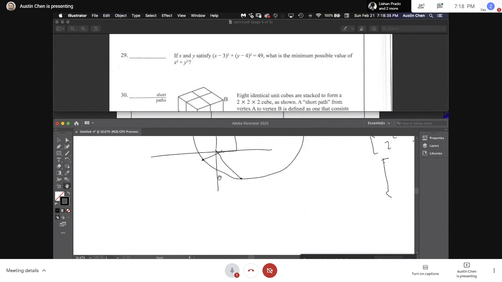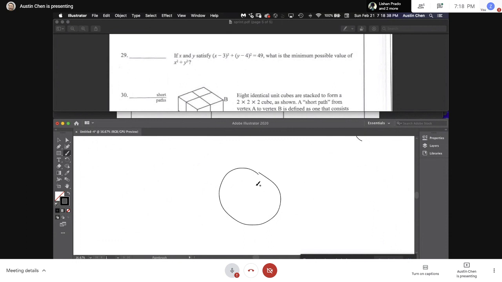Now, if you think of a point inside a circle, maybe I'll put it like here, any point inside a circle, and the center of the circle is right here. The closest point on the circle to this point is going to be on the line connecting this point and the center of the circle, right?